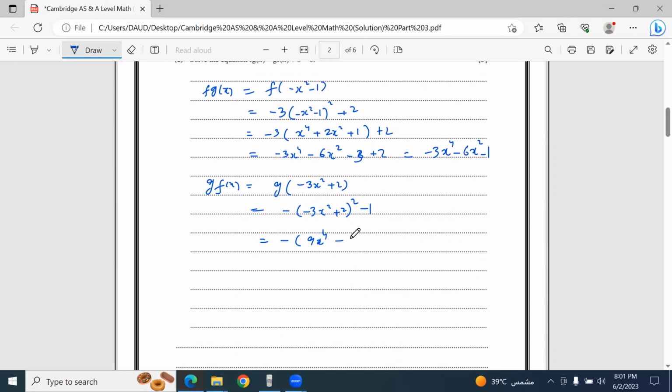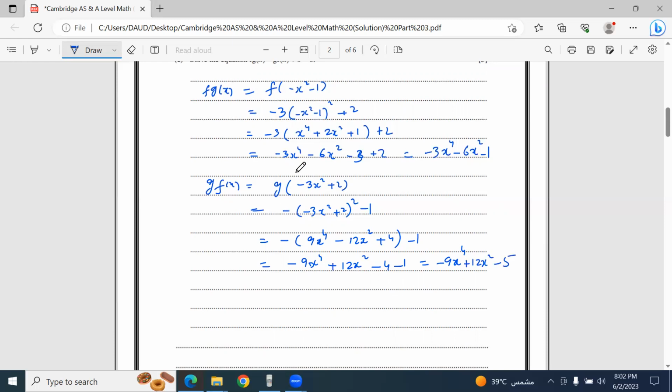Minus 3 twos are 6, multiplied by 2, so 12x squared, and plus 4, minus 1. So this gives me minus 9x power 4 plus 12x squared minus 4 minus 1, which is equal to minus 9x power 4 plus 12x power 2 minus 5.